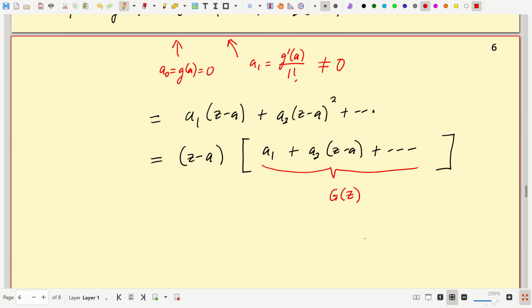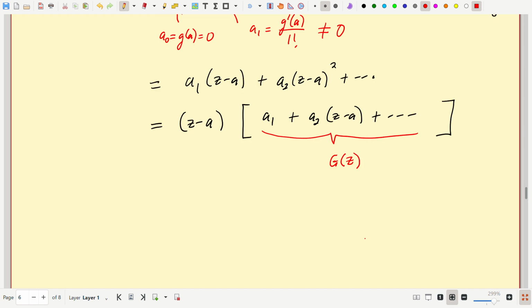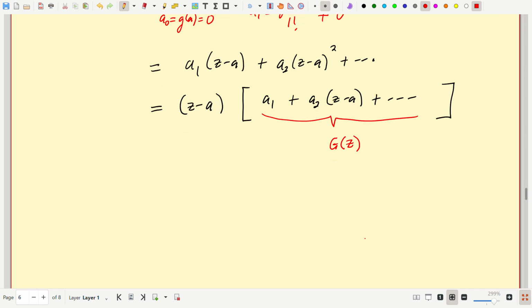And that has the same radius of convergence as the little g series. And so it's an analytic function. That's analytic. And notice that capital G at a is a1, and that was equal to g prime of a.